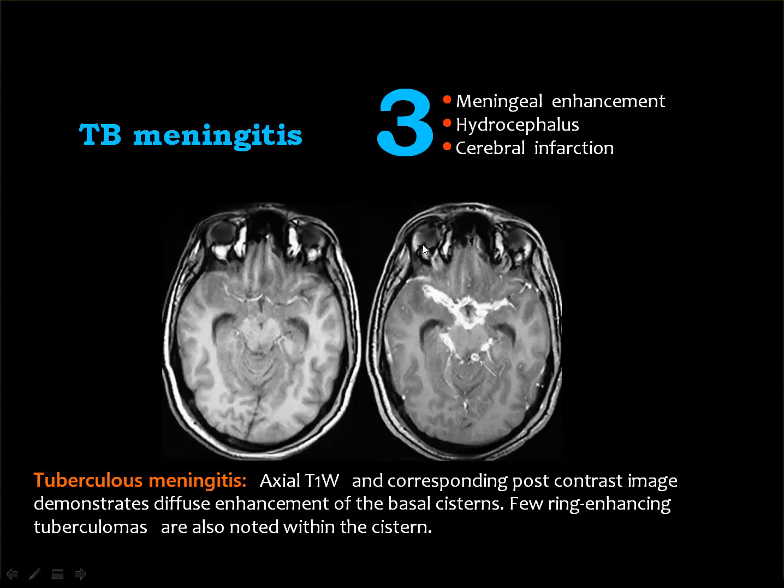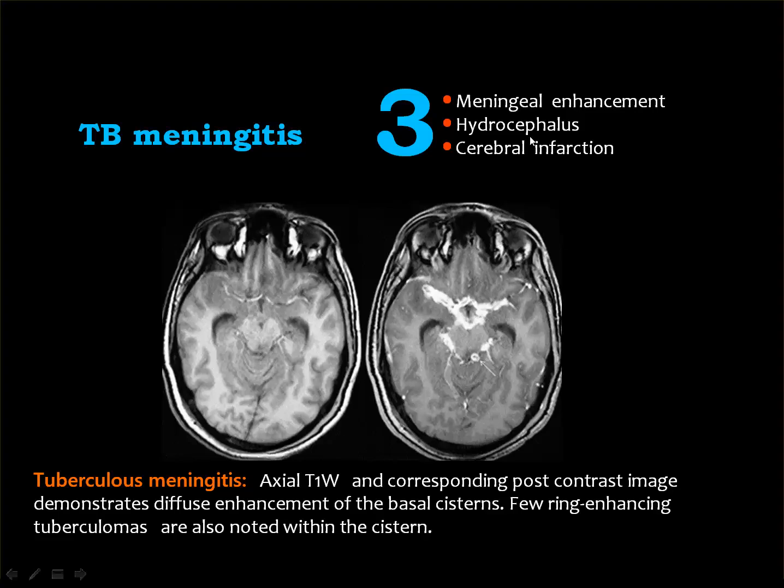The three common sites of affection for any organism will include the meninges, the brain parenchyma, and the ventricle. Affection of the meninges will result in TB meningitis, and this will appear on imaging as meningeal enhancement.